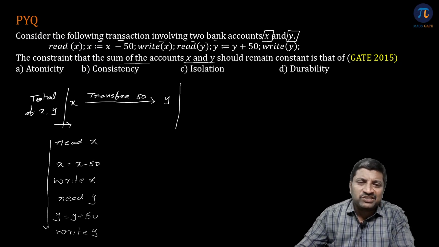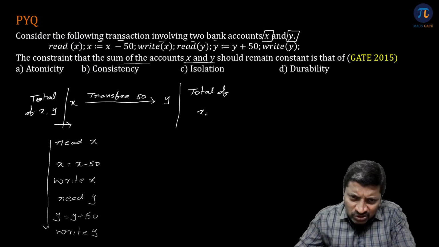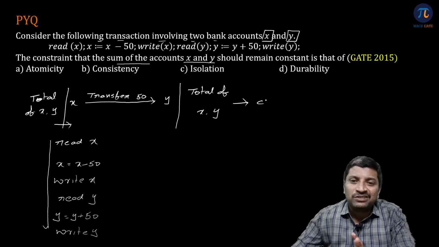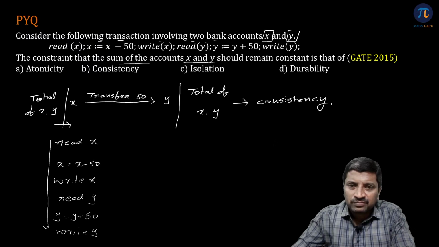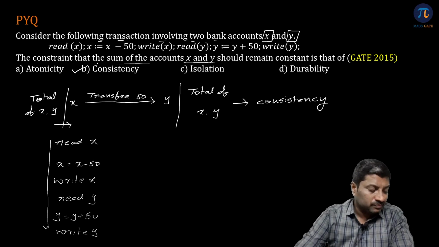Suppose the total of X and Y is 12,000. After the transaction also, what should I have, sir? I should have the same 12,000, right? What is this property, sir? Consistency. The results should be consistent. So the answer is consistency.